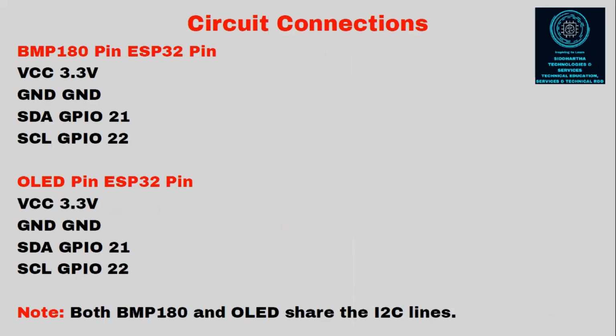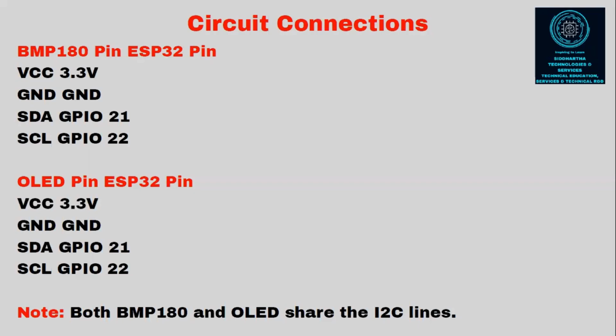So what are the circuit connections? We have the BMP180 connected to the ESP32 with very few connections, on pins 21 and 22, and it is working on 3.3 volts. The OLED pins are also working on 3.3 volts. Again it is I2C, that means both the SDA and SCL connections are the same.